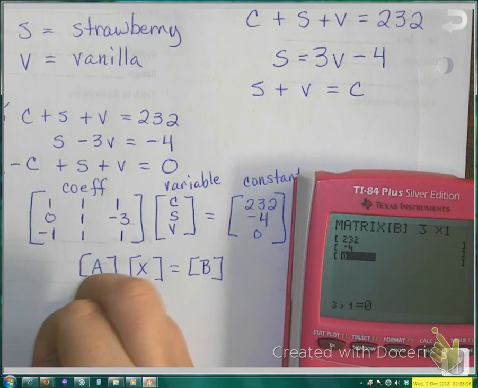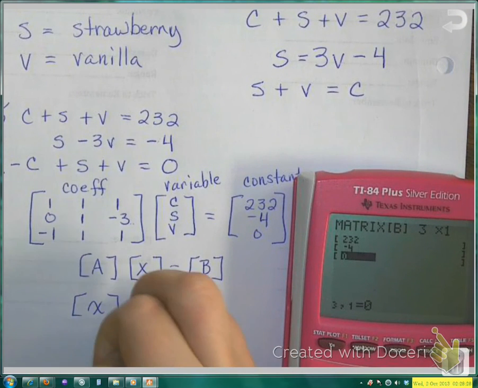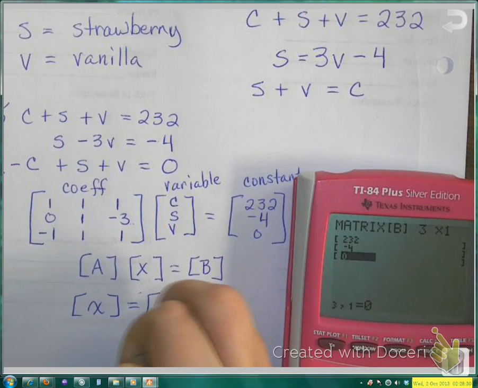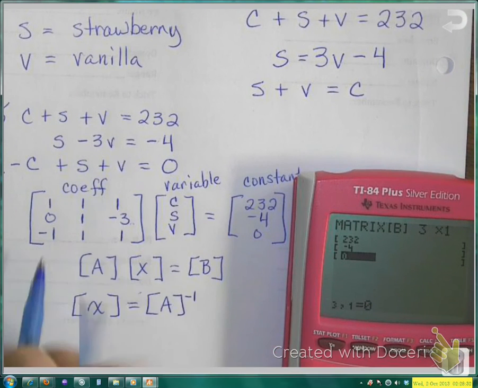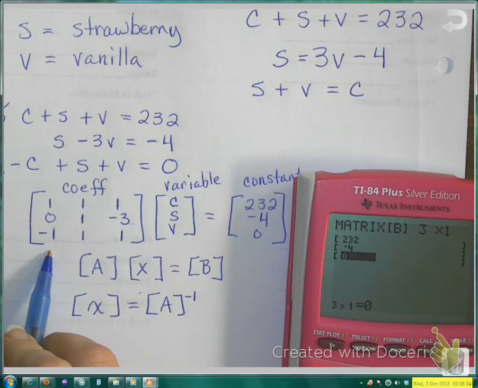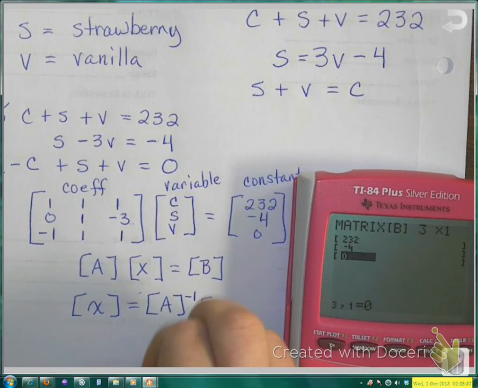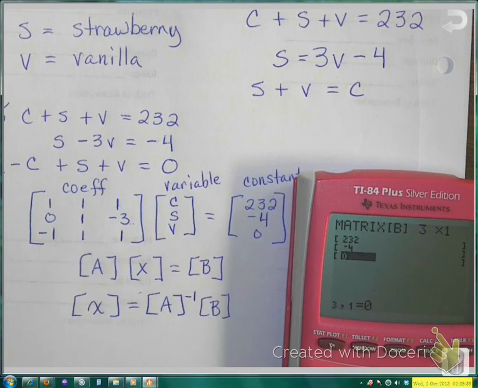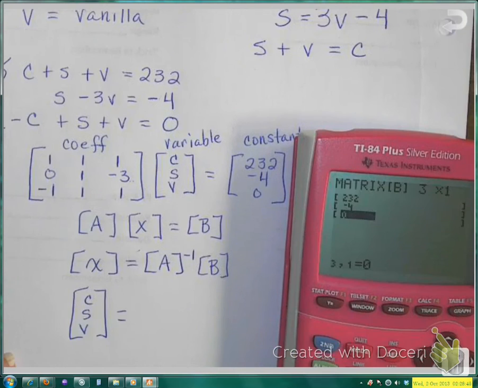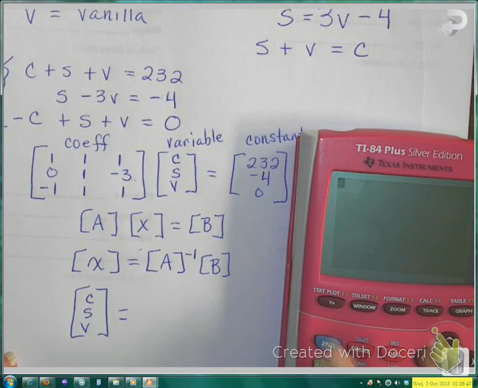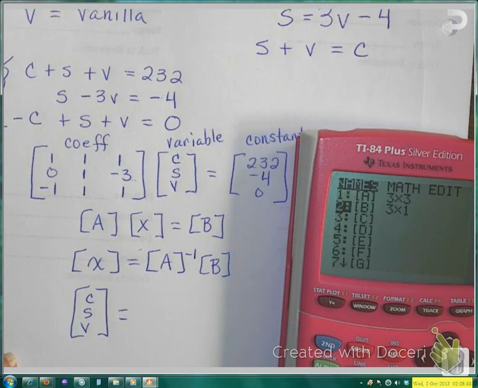So in order to get my variables alone, I'm going to take the inverse of the A matrix, which is our coefficients, and we're going to multiply that times the B matrix. So once we have them plugged into the calculator, we simply go back to our main screen. We're going to select the A matrix and do an inverse, and then multiply that times our B matrix.